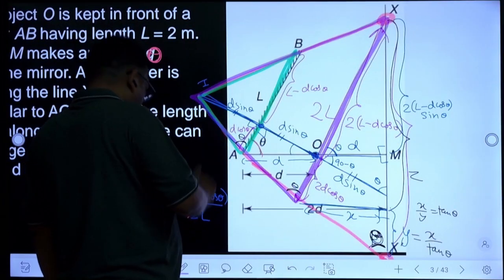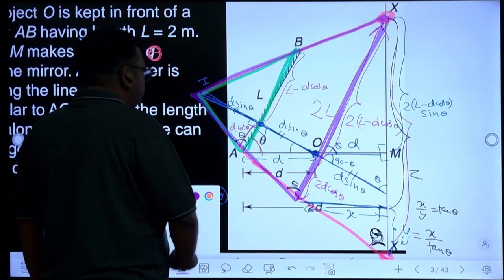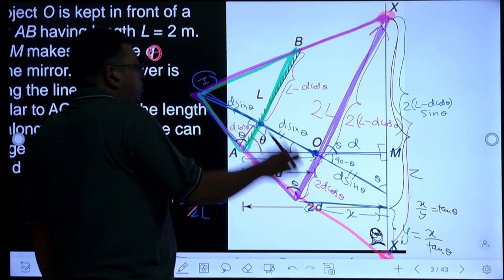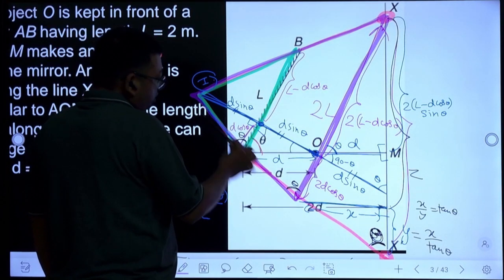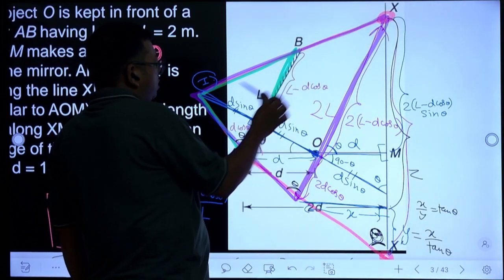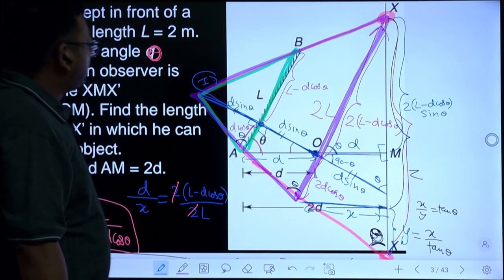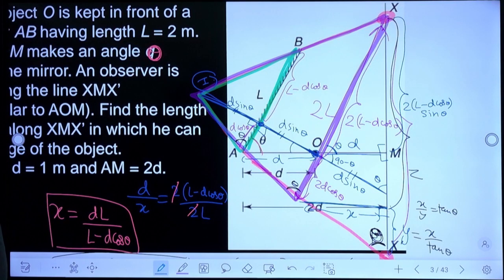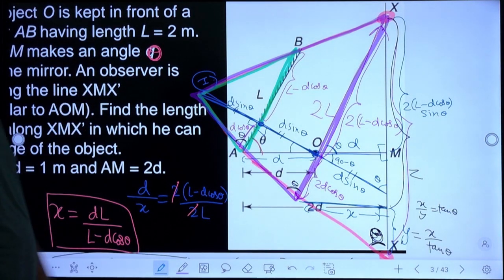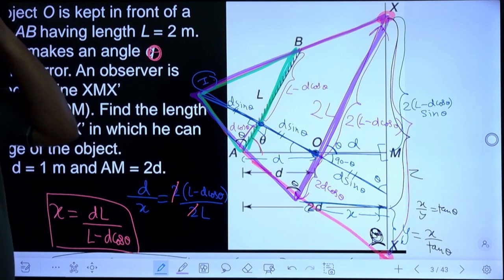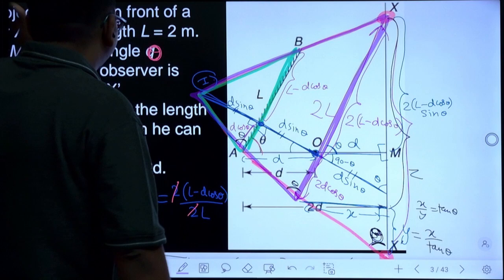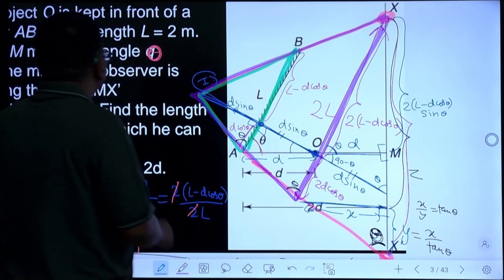Without this image, you cannot do it. Then you need to connect with this edge like this, and once you connect, only then can you think of doing the calculation. This is definitely a lengthy calculation.